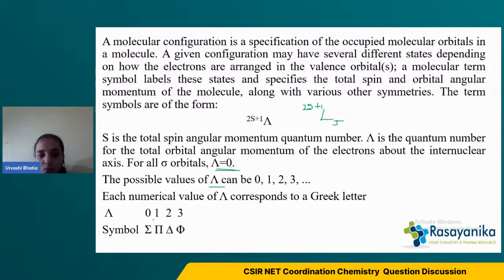Like for the value of L, when you determine the term symbol for the configuration, L is 0 you have the S term, L is 1 you have the P term, L is 2 you have the D term. Similarly, here you have these symbols: sigma, pi, delta, and phi, with values 0, 1, 2, 3.